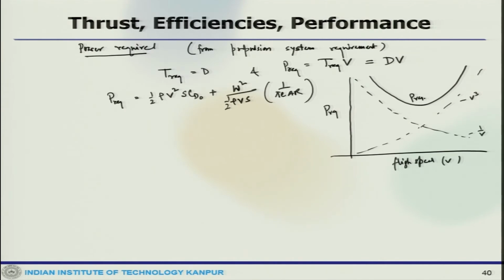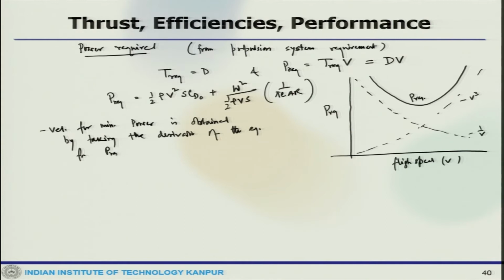Now the velocity for minimum power is obtained by taking the derivative of the equation for P required with respect to V and setting it equal to 0.